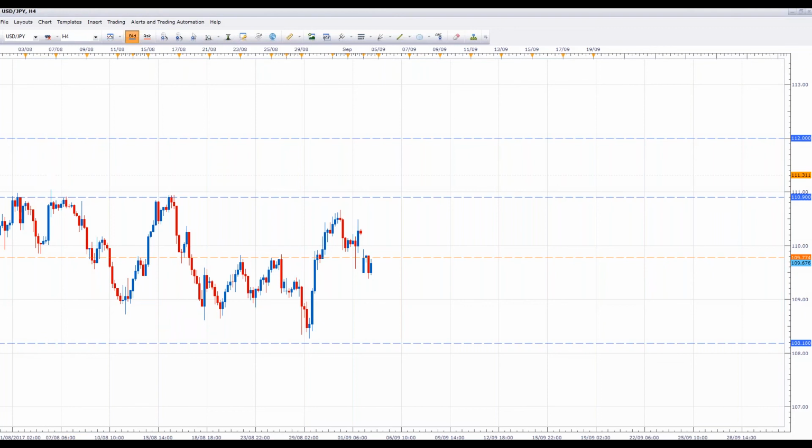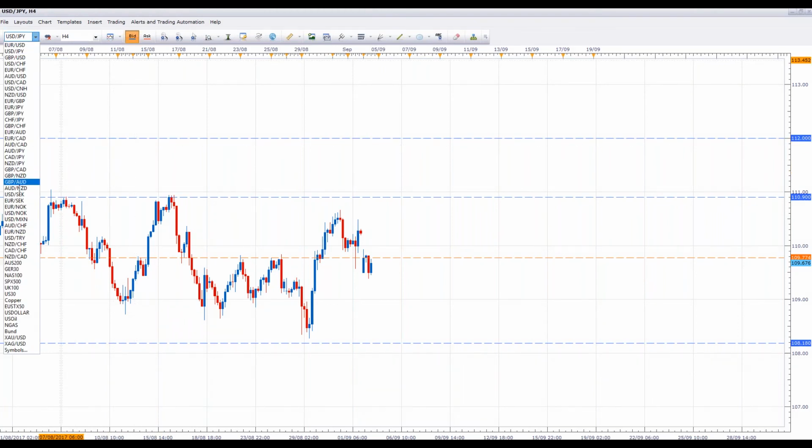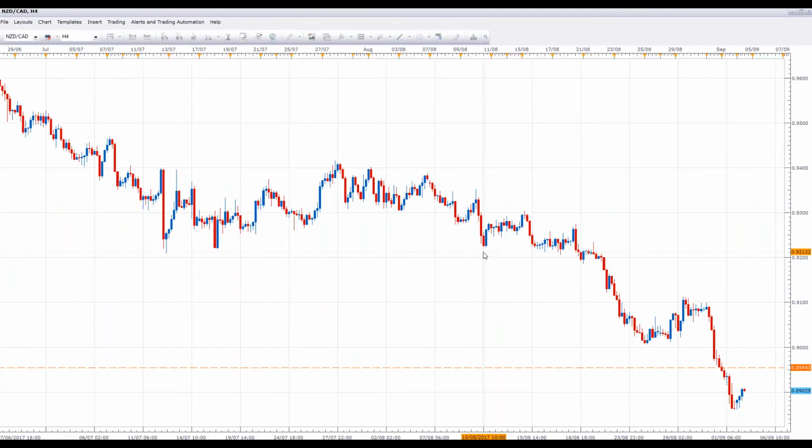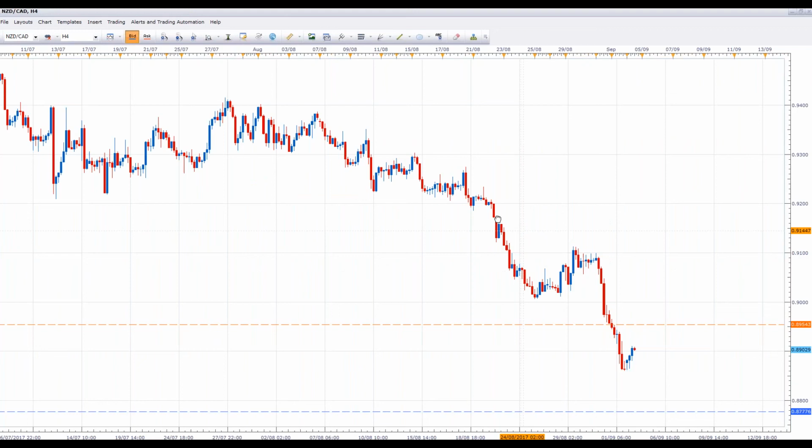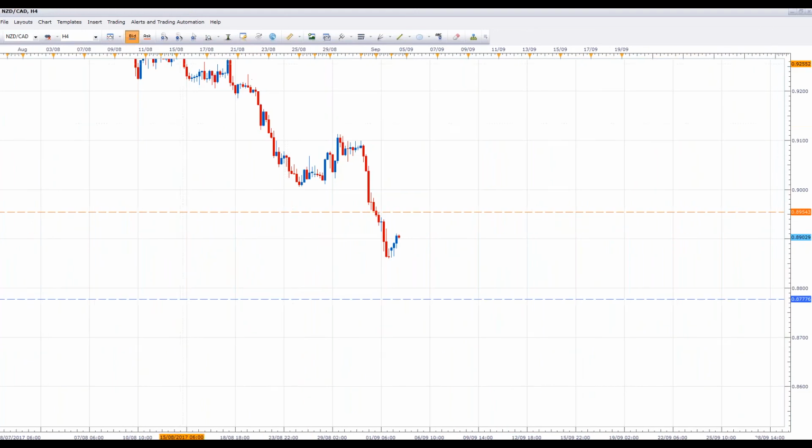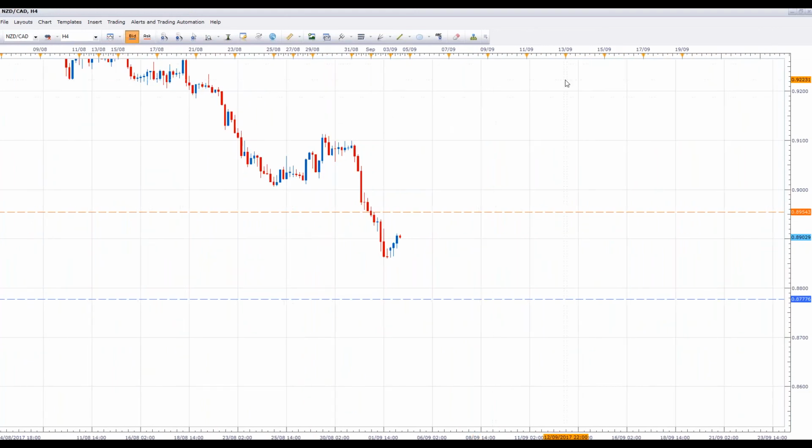So let's go and have a look at the New Zealand CAD. Now, in the New Zealand CAD, we're looking for some weakness in the New Zealand dollar, and we also are expecting the CAD to be strong this week.